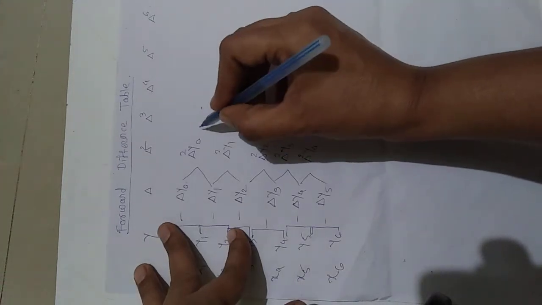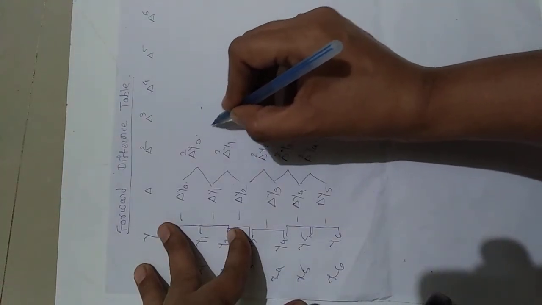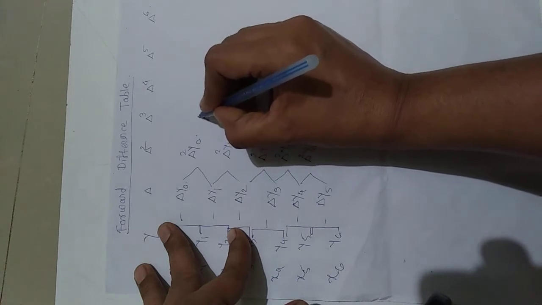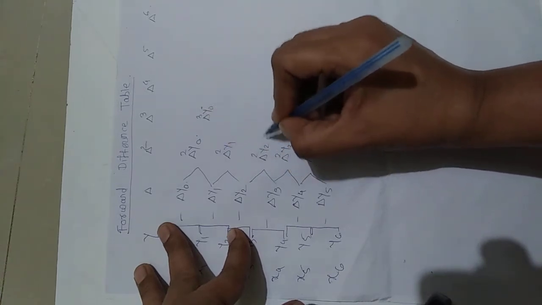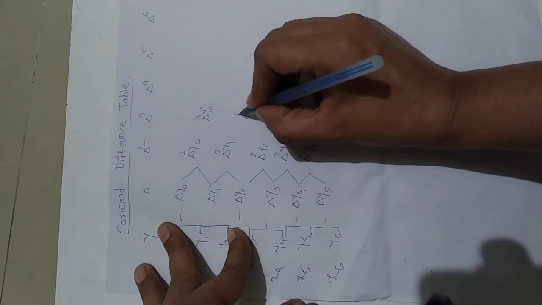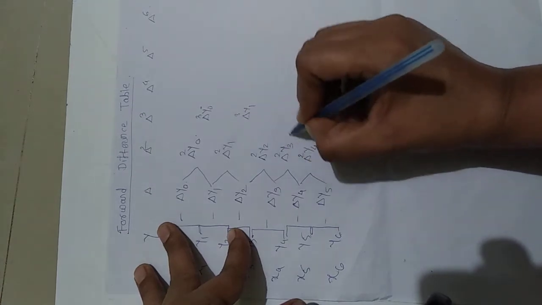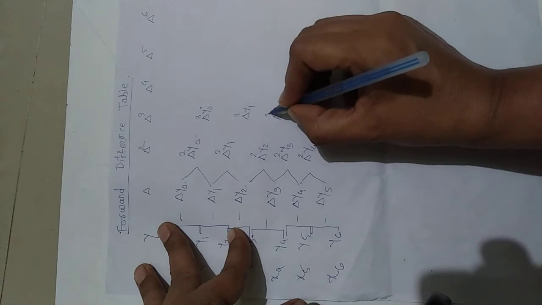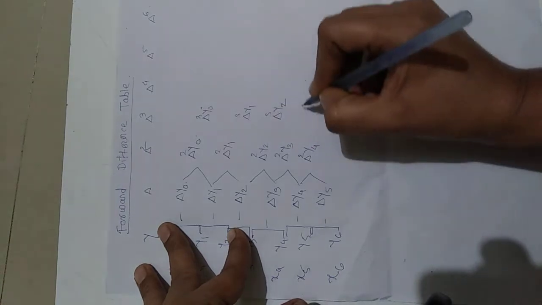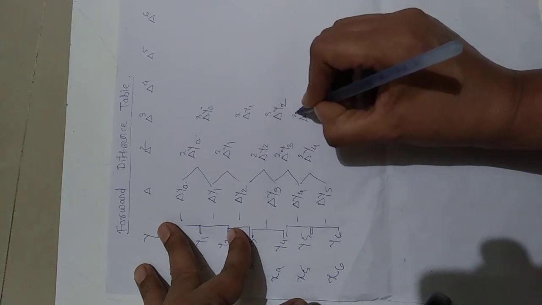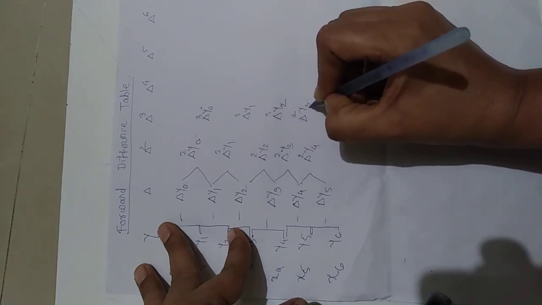In the next column, the difference of these two is del cube y0, then del cube y1, del cube y2, and del cube y3.